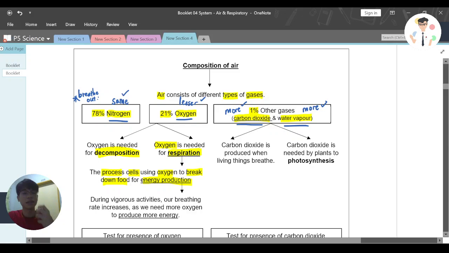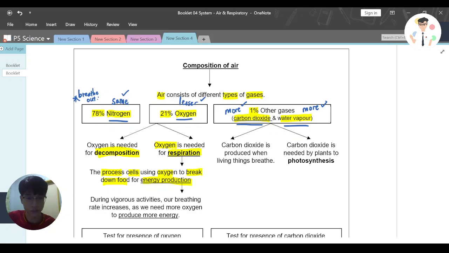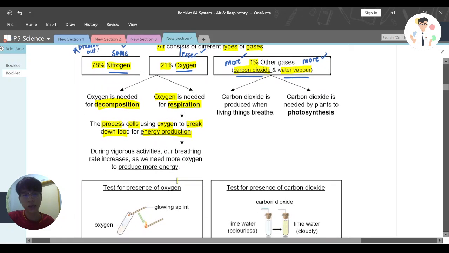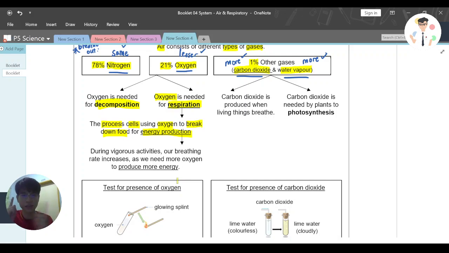Again, it's a process where the cells inside our body use oxygen to break down food for energy production. You'll be linking it to our previous topic, the circulatory system of our body, where you learn about digested food, the blood, all these things. It's related, or I should say, everything is connected.